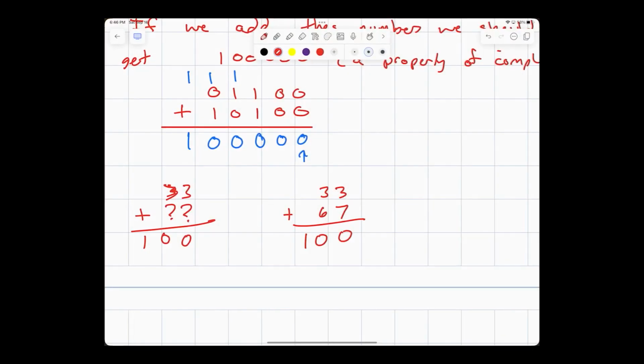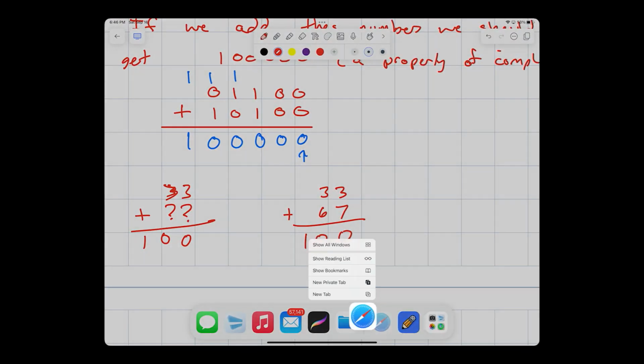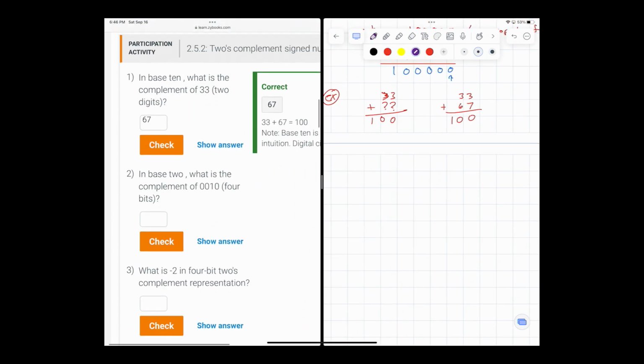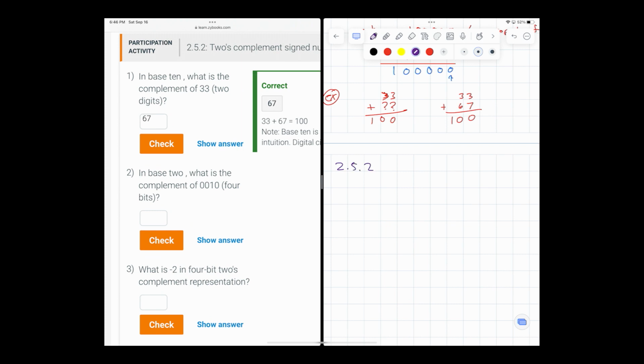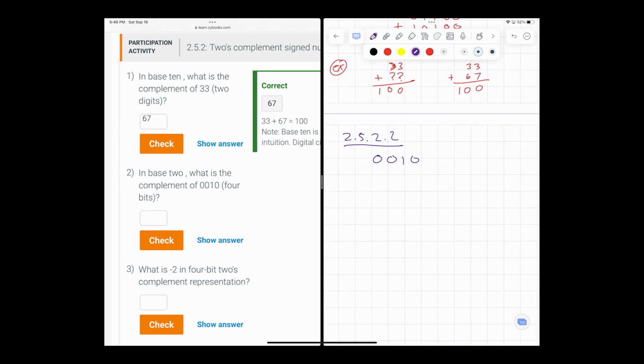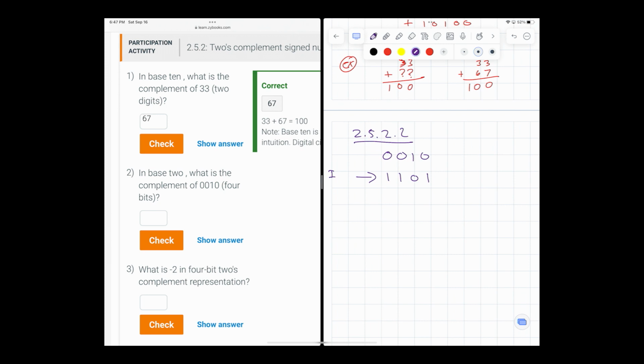Now, the rest of these are going to, I think, hopefully just make sense in terms of what we already talked about. So whatever one this is, 2.5.2, and then number 2. If you have 0, 0, 1, 0, then you want the complement of it. So you flip all the bits, 1, 1, 0, 1, so invert, and then we need to add 1.